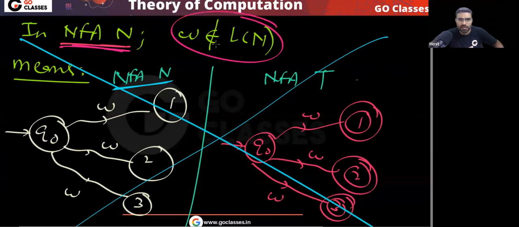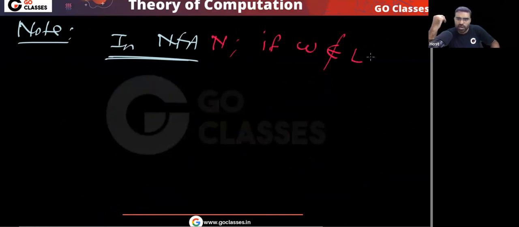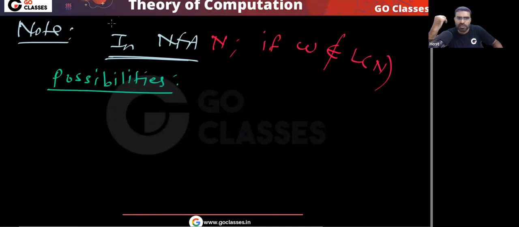Did you understand? Remember, this is a note that in NFA, for example, let's assume you have some NFA N. In NFA N, if W does not belong to L of N, then don't make this diagram. See, what are the possibilities?